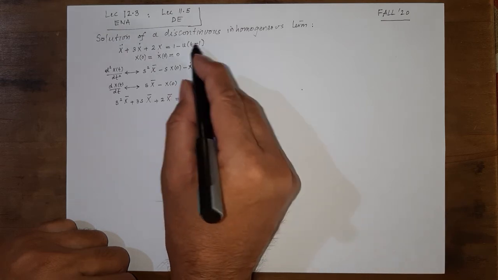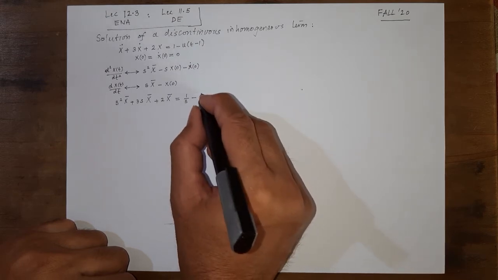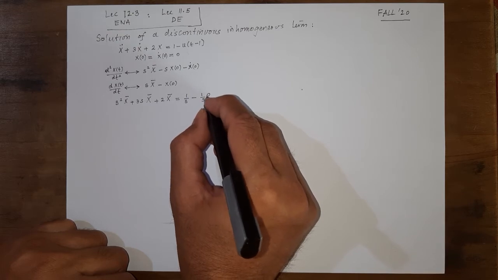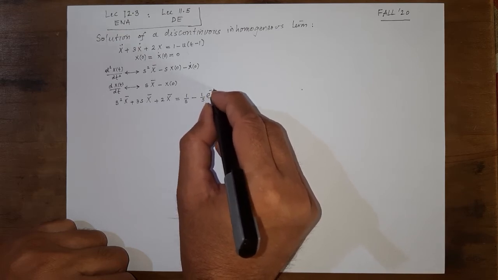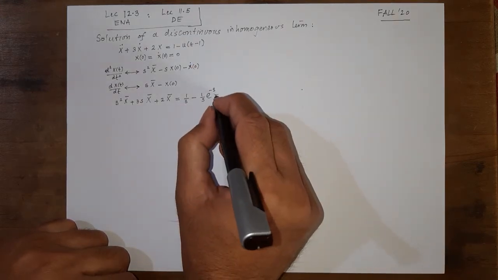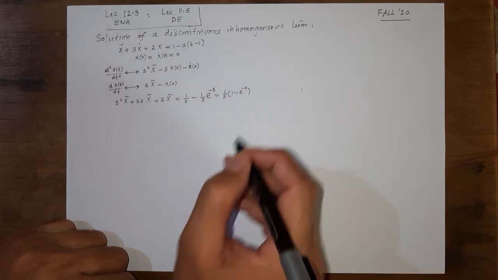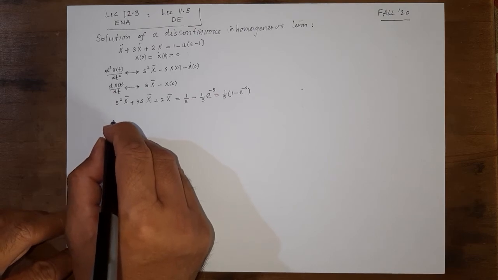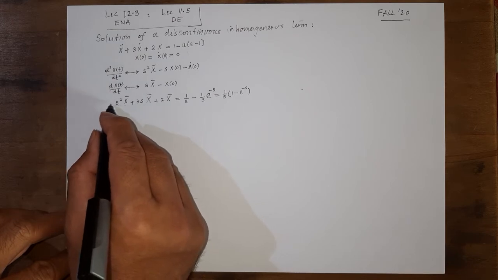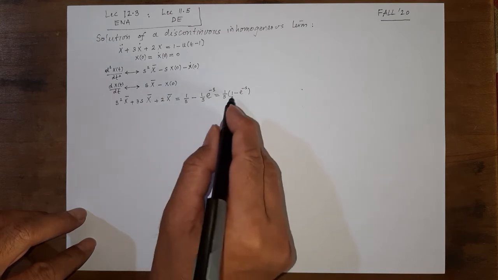And if you have a shifted function, so u(t) is shifted by 1 now. So we remember that it is the same Laplace transform multiplied by e raised to minus the amount of shift, which is 1 times s. So we get 1 over s, 1 minus e raised to the power minus s here. So we can take this factor X out and we get a polynomial s squared plus 3s plus 2, and this side we have this.